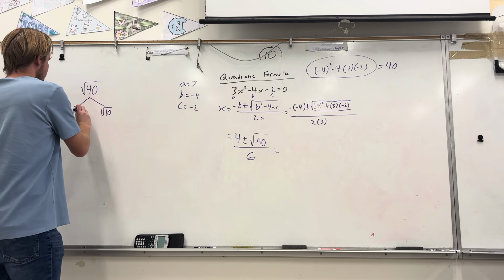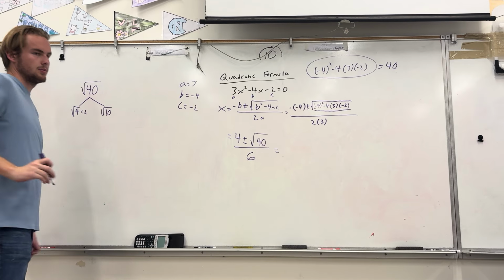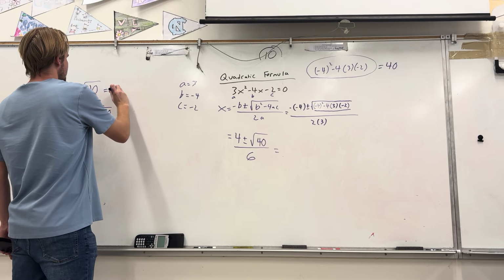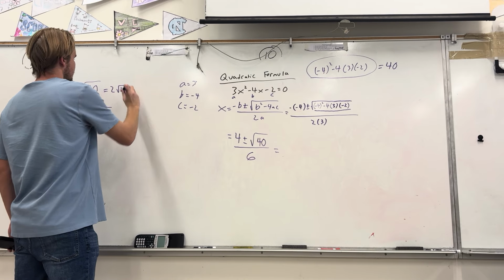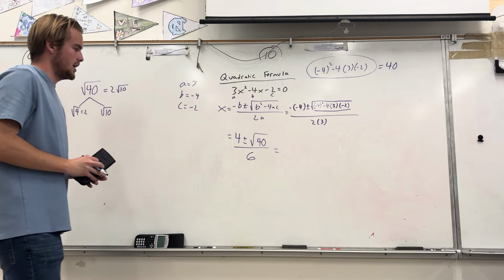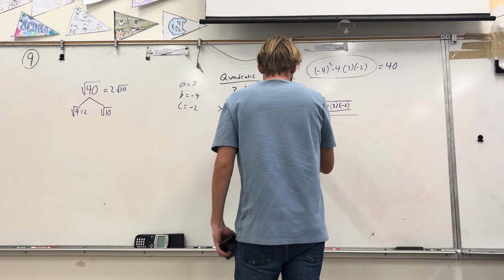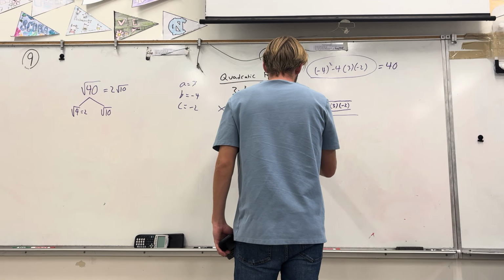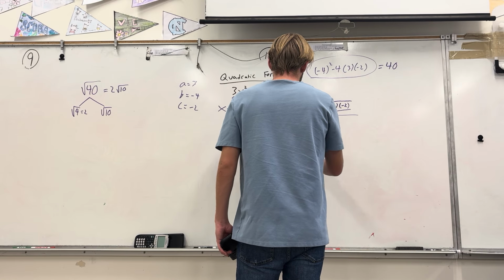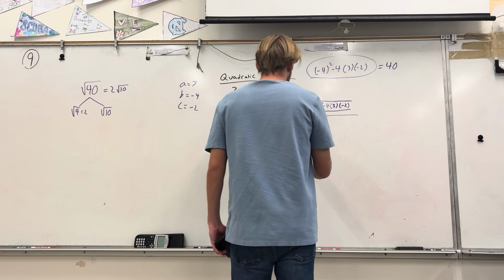The square root of 4, you should remember, just equals 2. So technically, we can rewrite this as 2 root 10. So now we have 4 plus or minus 2 root 10 over 6.